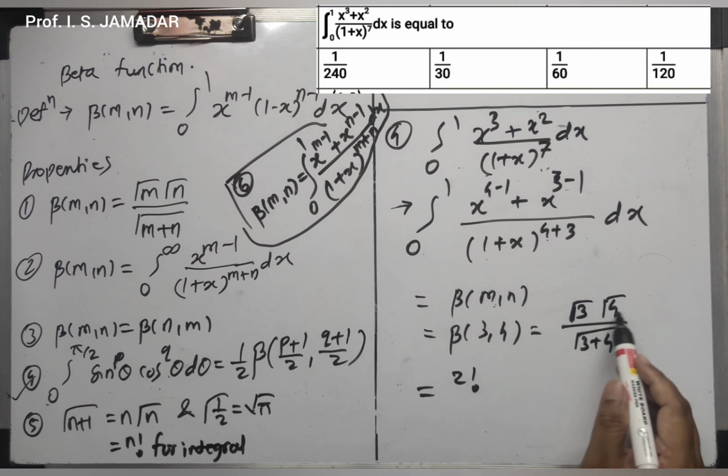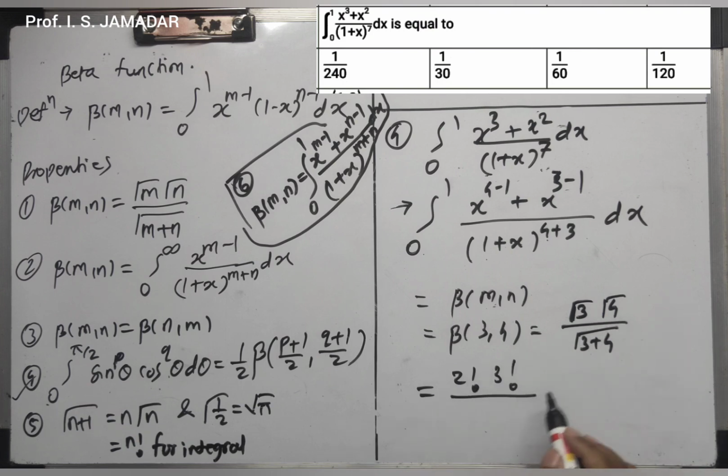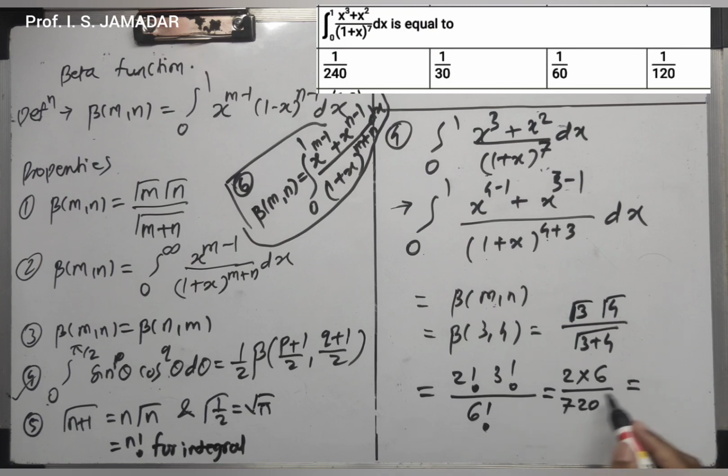So it is 2 factorial, gamma 4 is 3 factorial, divided by gamma 7, which will be 6 factorial. Just simplify it: 2 factorial is 2, 3 factorial is 6, divided by 6 factorial, which is 720. Simplifying, 6 into 2 is 12, so finally 12 upon 720, that means it is 1 upon 60. What are the options? Option C is the answer for this.